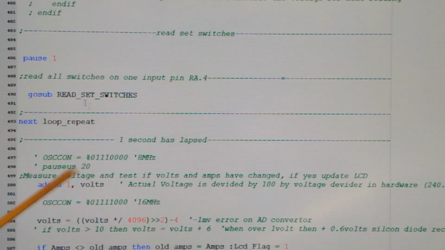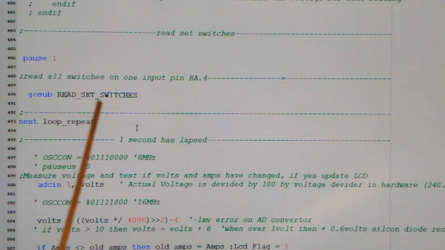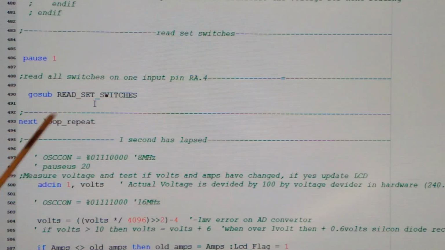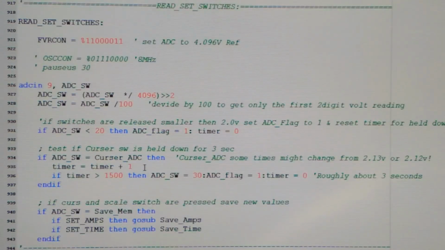And while it's looping in the for loop for 1 second, you're going to read the switches to see if you've pressed the switch. So that's done there. Read switches, and that's done here. Read set switches, and that's your label.